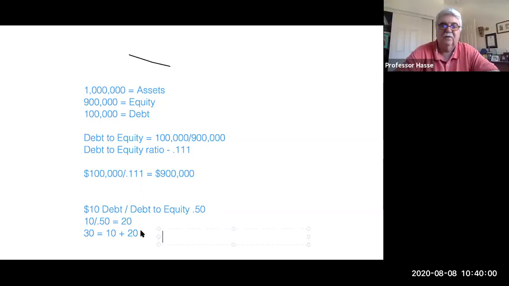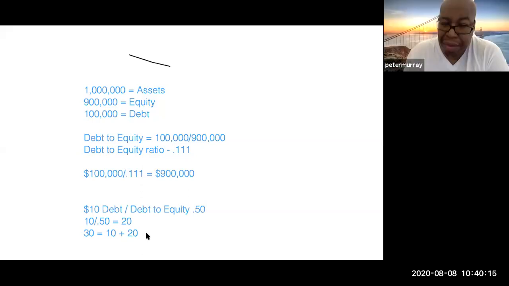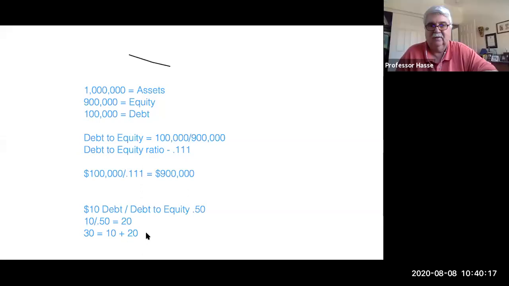And if you have no clue what this is, just go to an arithmetic book or just go to an analysis and type in, I have 0.5 as my debt to equity. How do I determine my relationship to the assets, where assets equal debt plus equity?